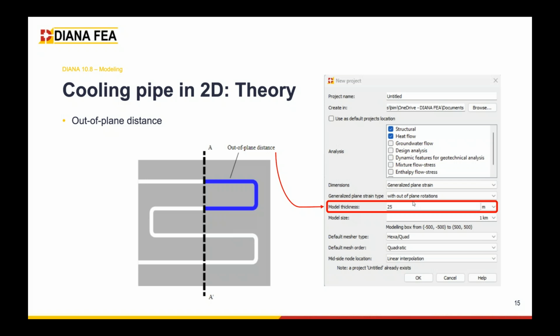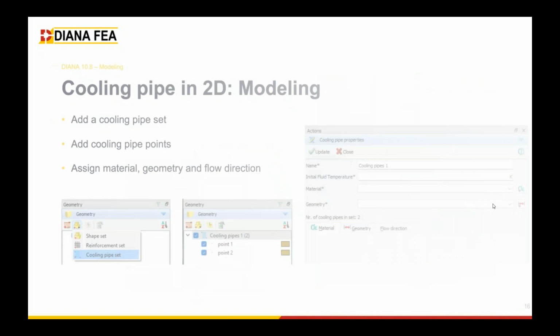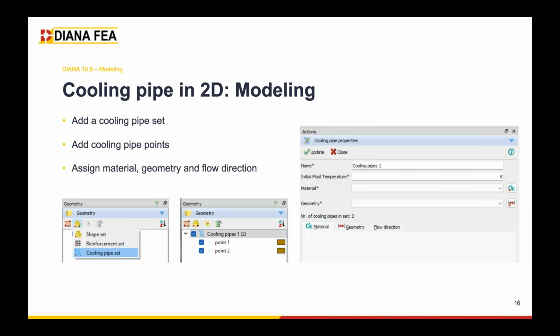For modeling, the very first information that should be provided is the out-of-plane thickness of the 3D structure. This is given when making a new project in model thickness, as red circled here. And to define the cooling pipes, we first need to make a cooling pipe set under geometry.